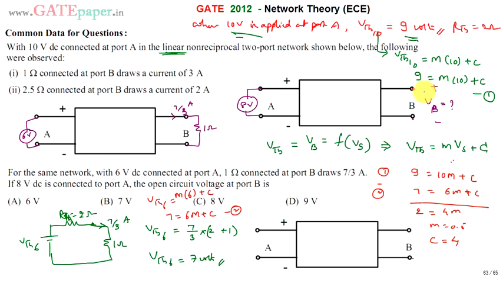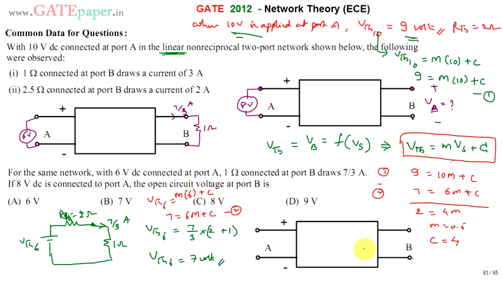M value is known, c value is known. So by using the general equation, you can calculate VTH for any applied voltage. Now we are going to find the open circuit voltage, that is VTH, which is also the voltage across port B when 8 volts is connected.